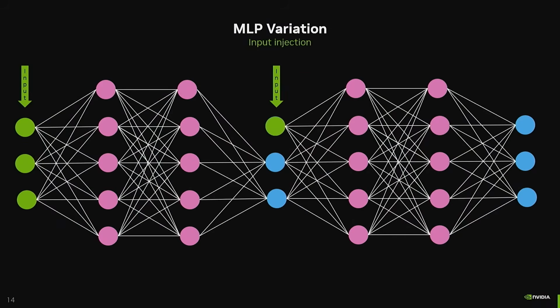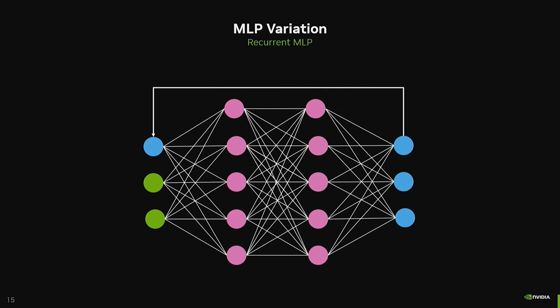So the backpropagation algorithm is only applicable to a fully connected neural network. If you want to do something more complex, like connect two MLPs with some additional input, or implement something like recurrent MLPs, where we use some output as an input for the next run of the neural network, we need to change that algorithm.